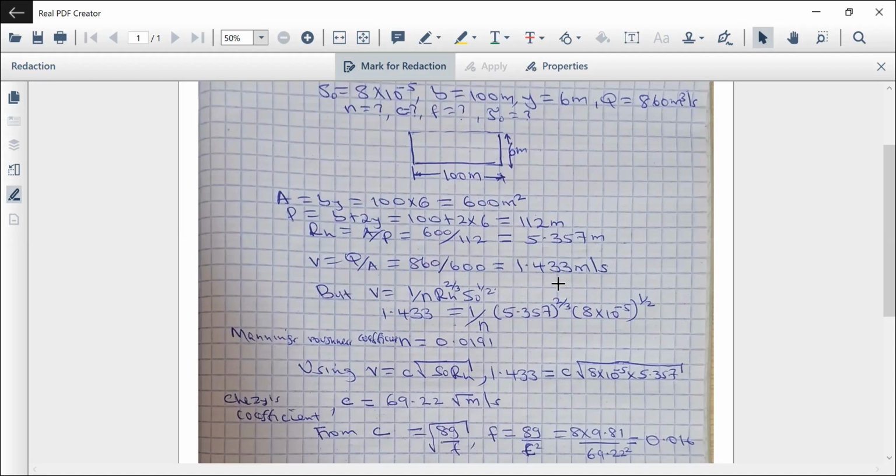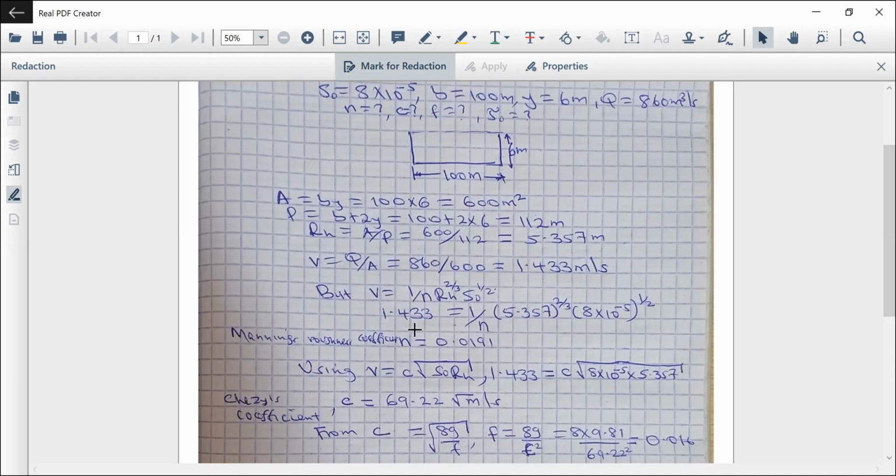1.433 meters per second. But now we know from the formulas that velocity can also be given by 1 over Manning's coefficient multiplied by hydraulic radius power 2 over 3 multiplied by bed slope power a half.